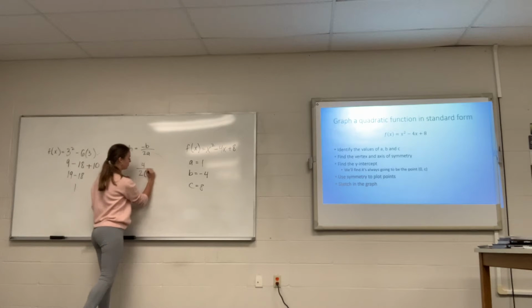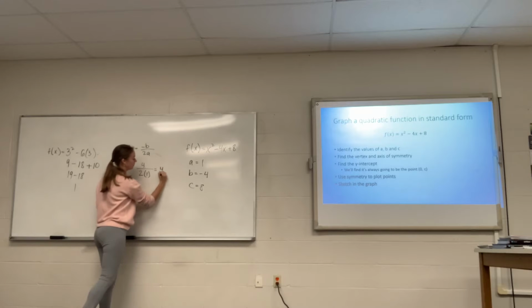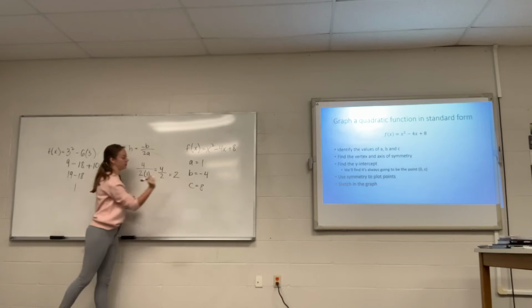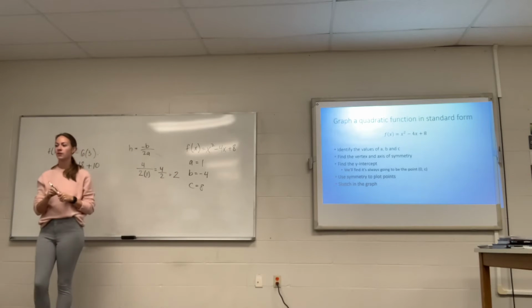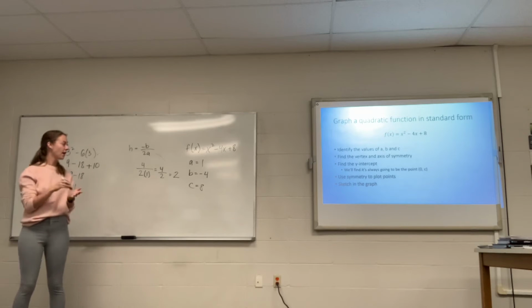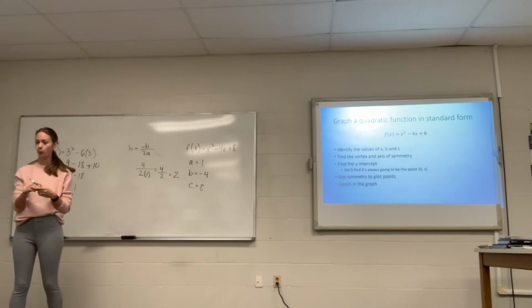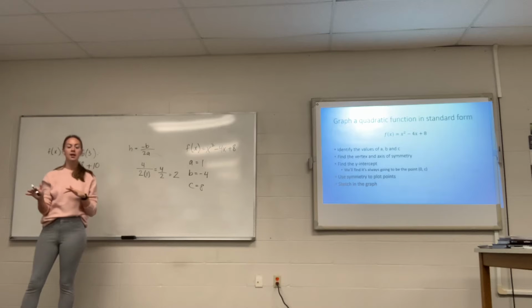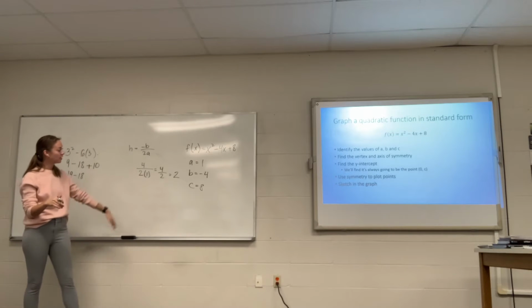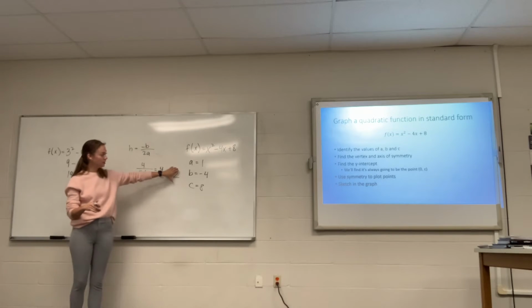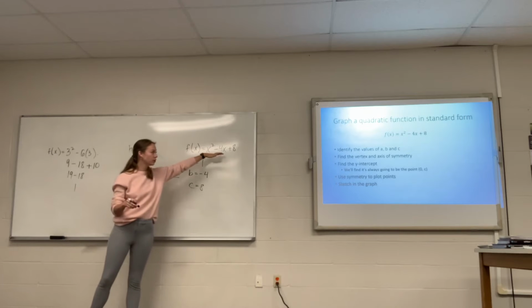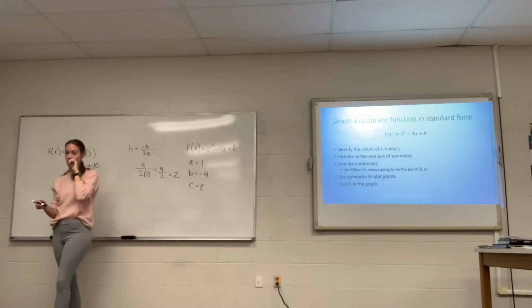So 4 over 2 times 1 gives me 4 over 2, which is 2. Okay, so the x coordinate of my vertex is 2. Then to get my y coordinate, I can take that number and plug it back into my original equation, and that's going to give me my y coordinate.